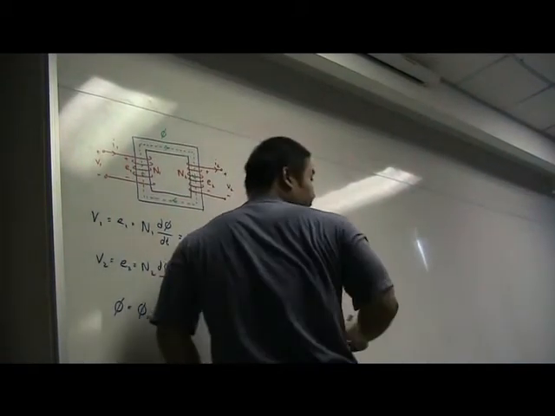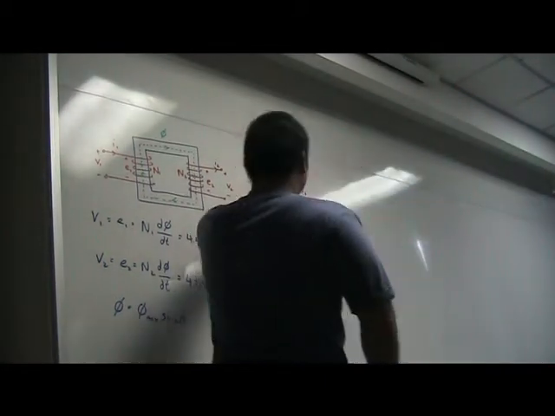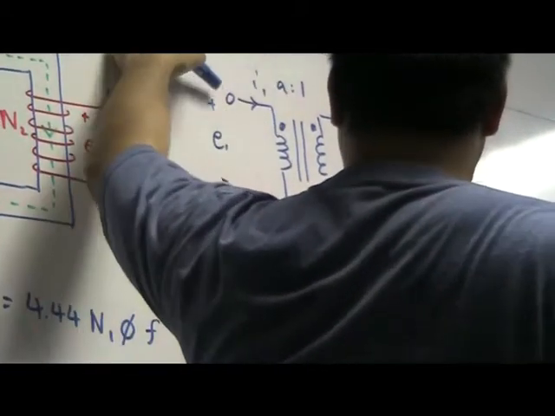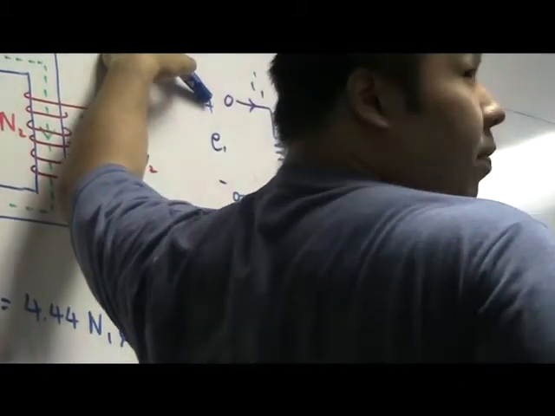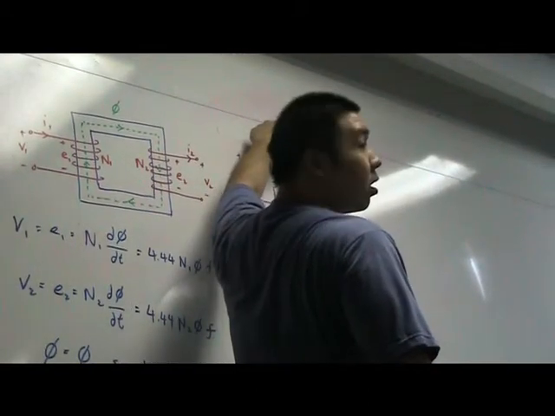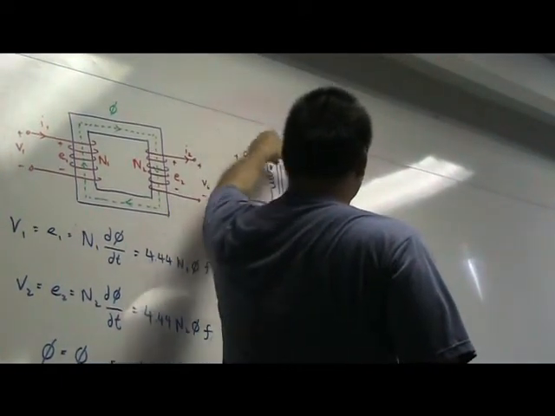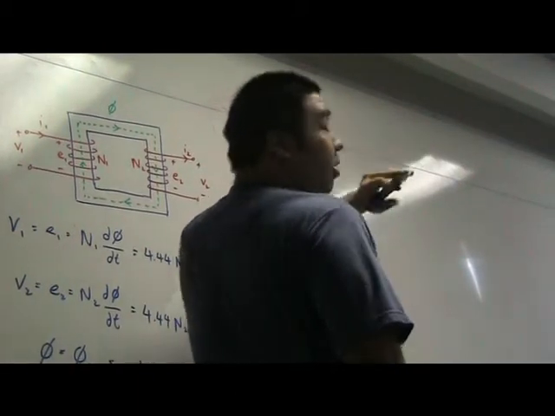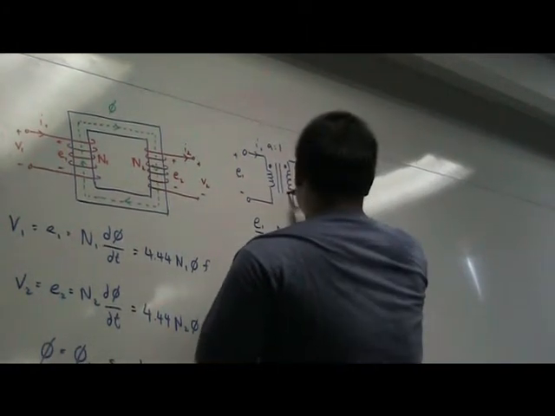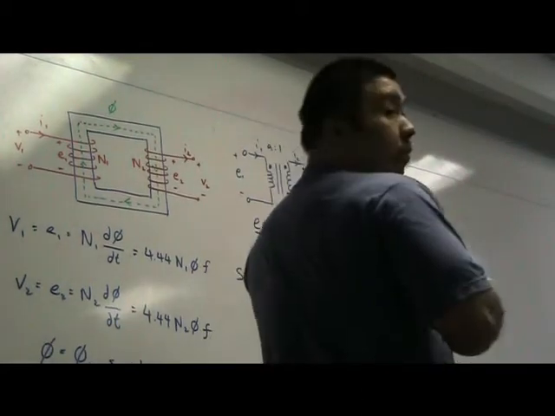Now this dot convention here: on the primary side, the dot points to the positive voltage terminal. Then on the secondary side, the voltage will also be positive at the dot. For the current, if the current flows into the dot on the primary side, on the secondary side the current flows out. That's the dot convention. If it was like this, then the voltage will be like this.